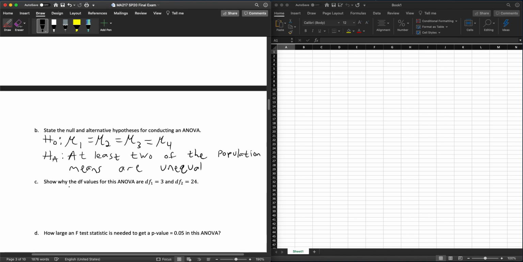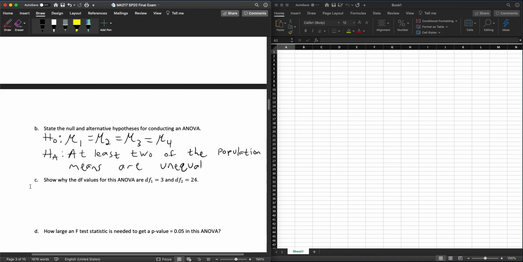And now we want to show why the degree of freedom values for the ANOVA, for the first one is 3 and the second one's 24. So this particular explanation, again I'm just going to type it for clarity's sake: the degree of freedom values, or DF values, are the first degree of freedom is equal to the number of groups, g, minus 1.